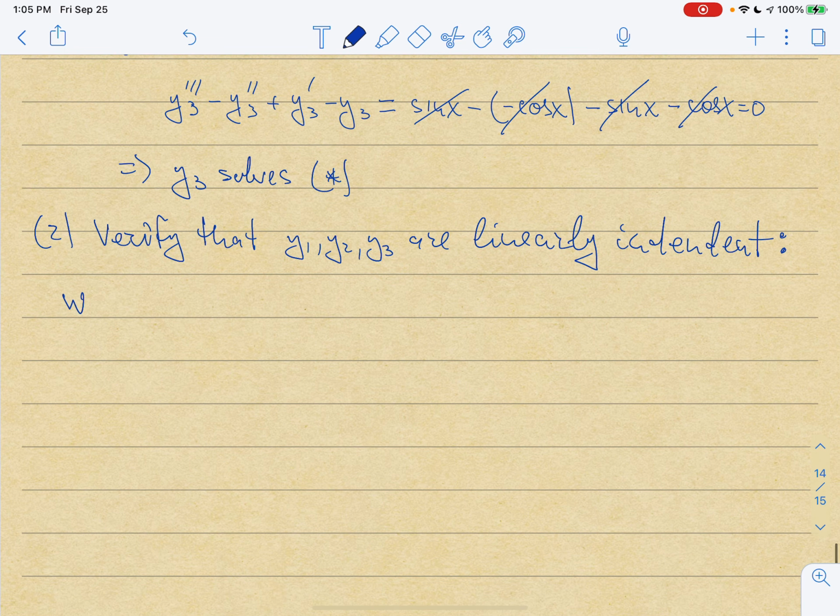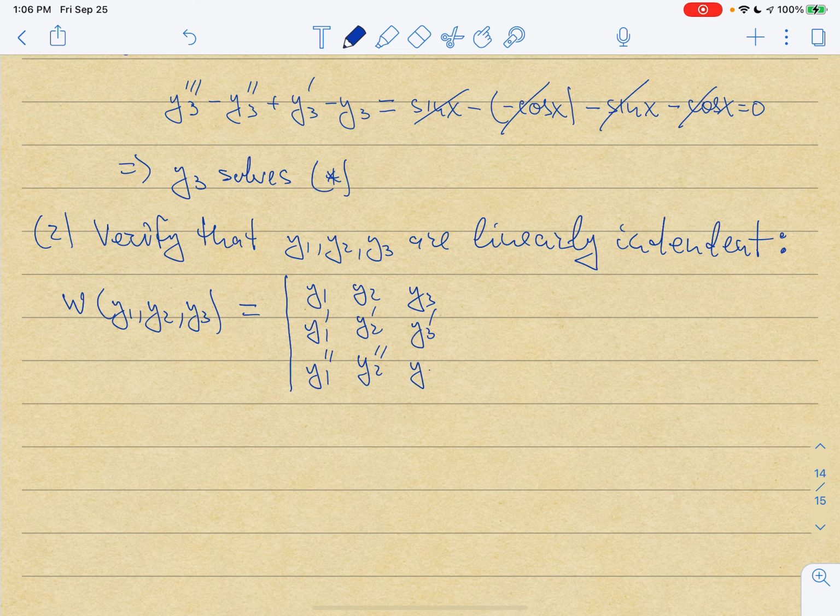So I need W of y1, y2, y3. In this case, I have three functions, so I have to have a 3 by 3 determinant. So the first column is going to be y1. Let me write this down. y1, y1 prime, y1 double prime, y2, y2 prime, y2 double prime, and then y3, y3 prime, y3 double prime.